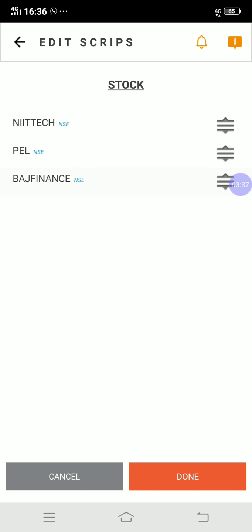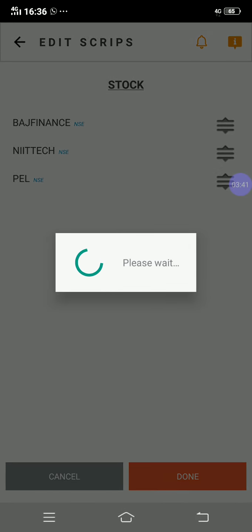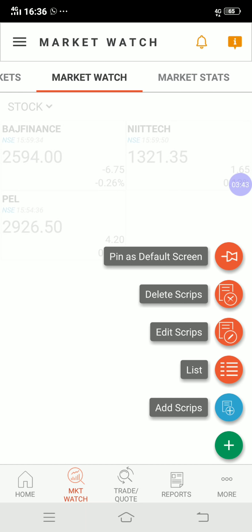In this way I can reorder scripts. I can also delete, and I can pin as the default screen as well. In short, this is exactly what the market watch option will give you.